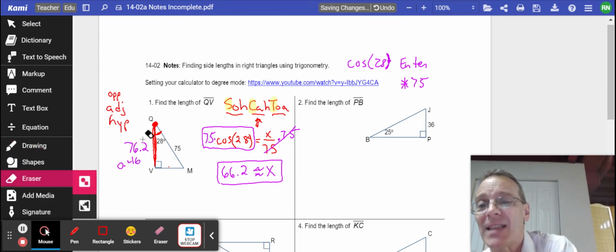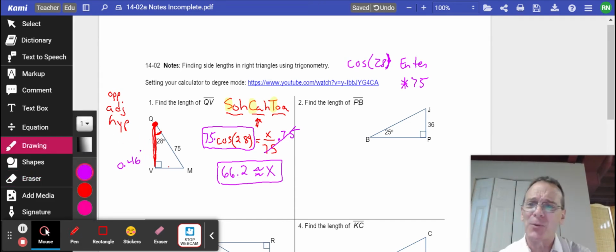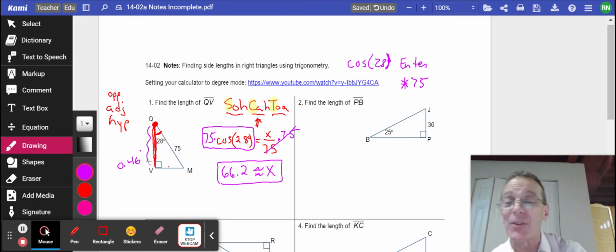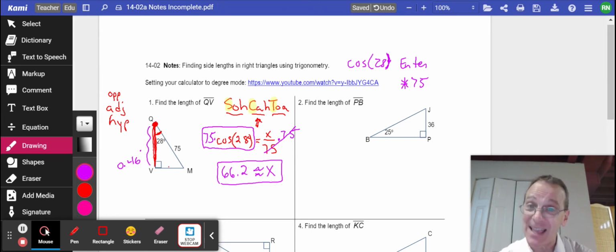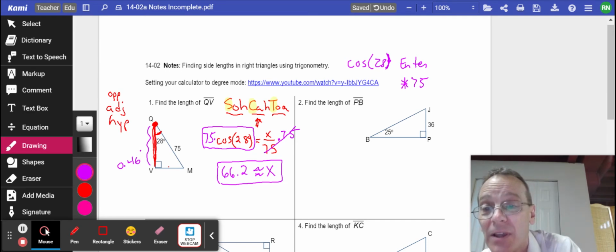0.46, well, that's not an impossible length for the side of a triangle. But really, if this hypotenuse is 75 units long, let's call them centimeters, 75 centimeters long, do you suppose this side of the triangle is less than 1 centimeter long? Yeah, I don't think so, okay? I mean, a triangle side could be less than 1 centimeter long. And look, here's a right triangle, and there's the right angle down there.